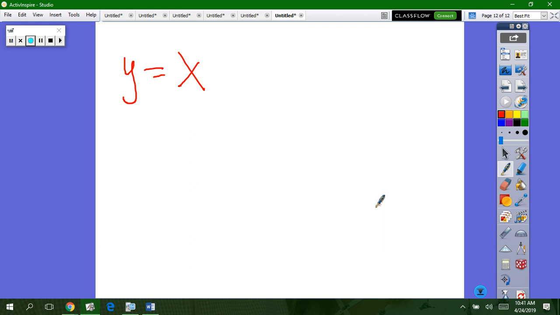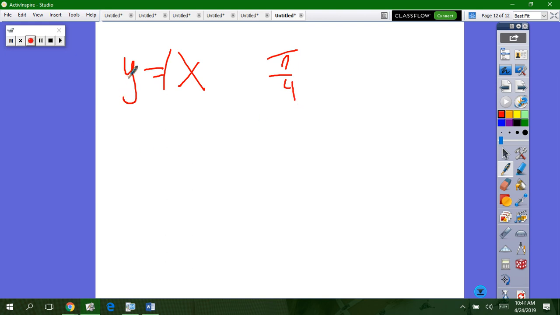What's the slope? 1, right? So that means the x and y values have to be the same. Where on our unit circle is the x and y value the same? Pi fourths. Now let me show you another way to do it, okay?